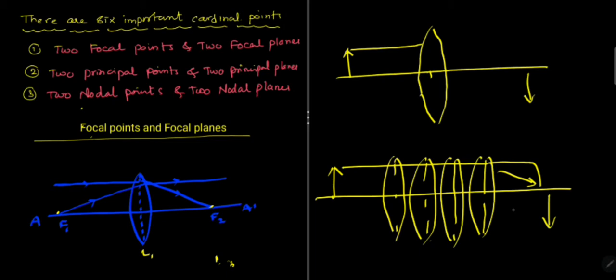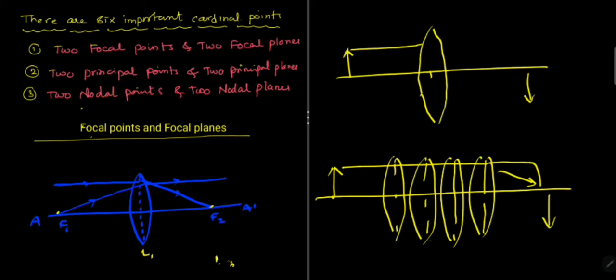For this problem, Gauss found the solution using the cardinal points. Those cardinal points are 2 focal points, 2 principal points and 2 nodal points.